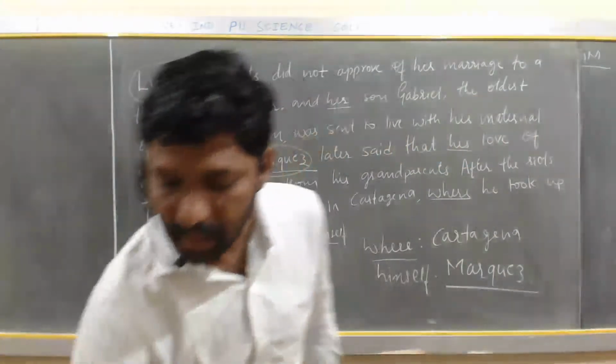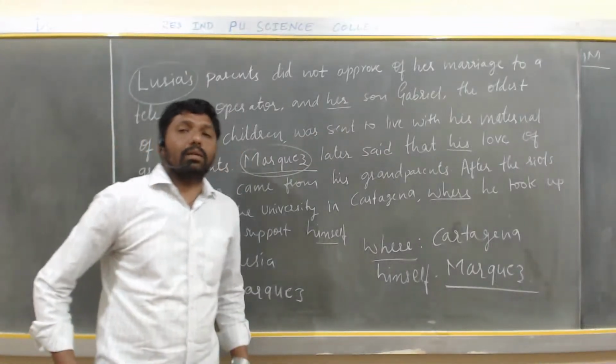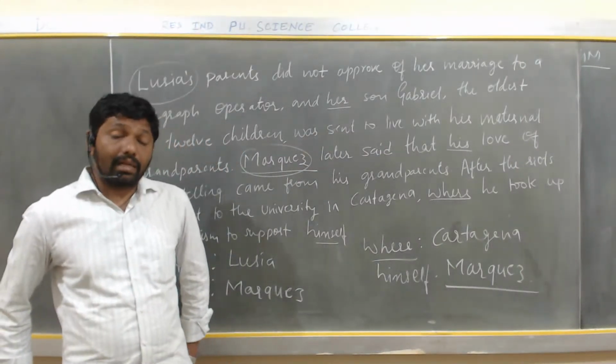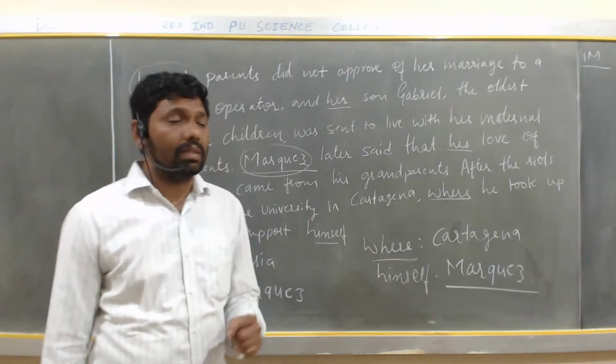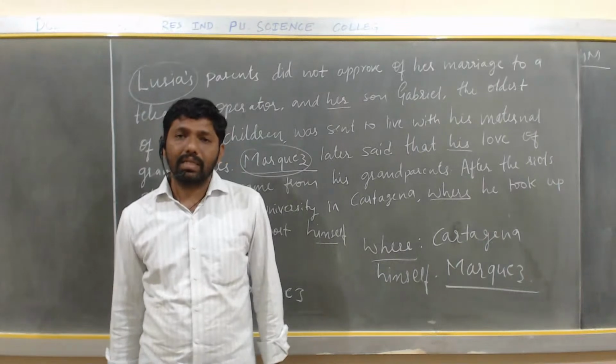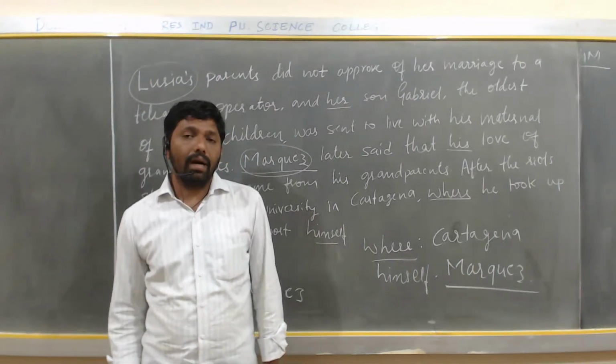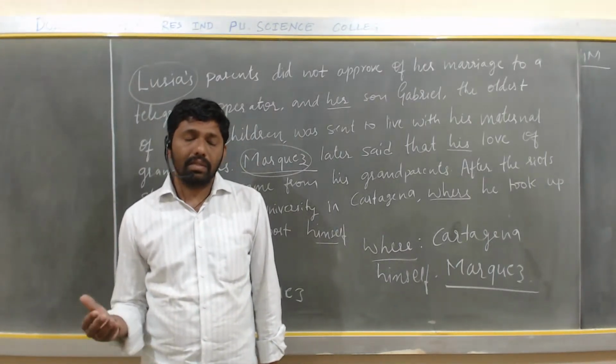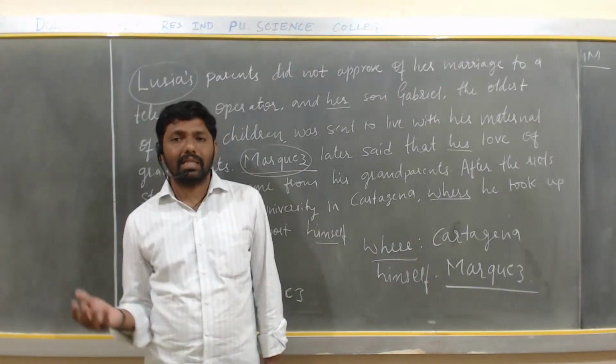So there are 8 types of parts of speech. Among them, pronoun is one. A pronoun is a word used in place of a noun to avoid repetition of the same sound.